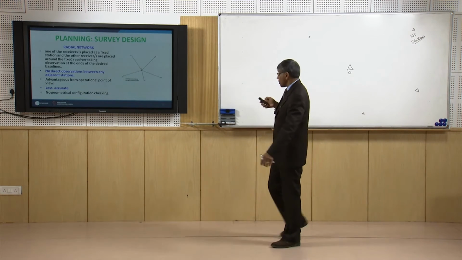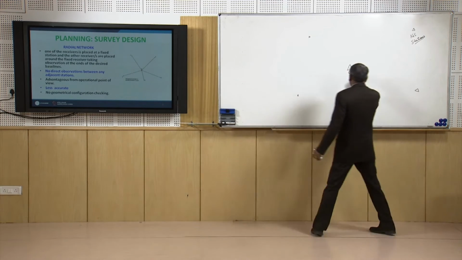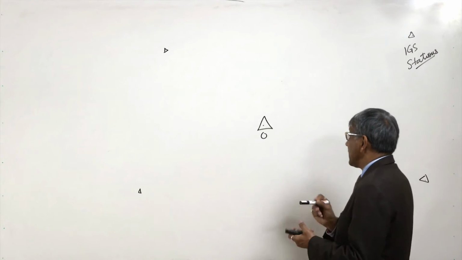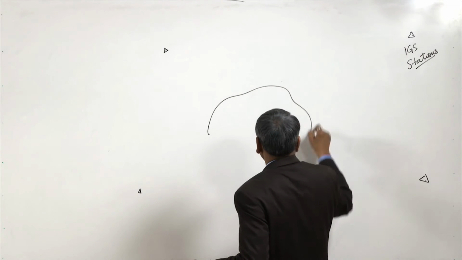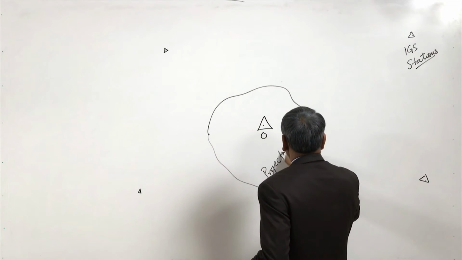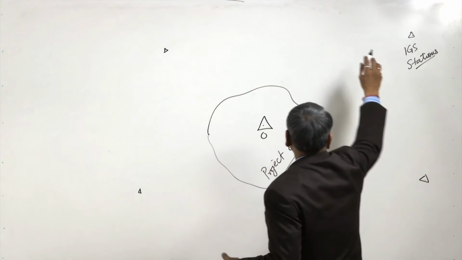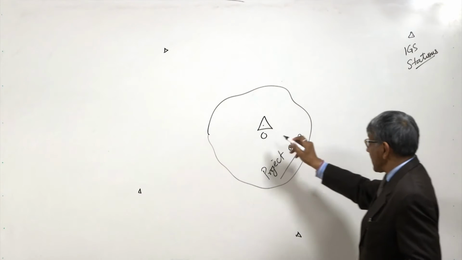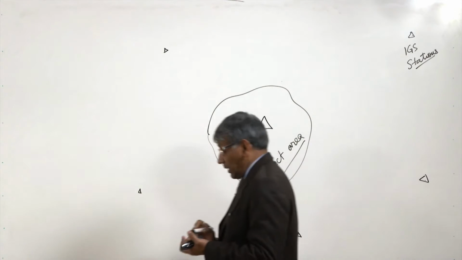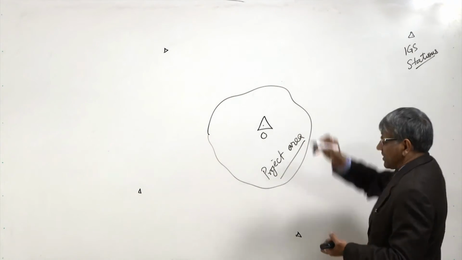Sometimes we also consider this type of network where the observed station will be within our project. This is our project area, and the station that will be used during processing to find out the location of this is an IGS station.